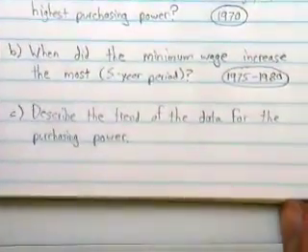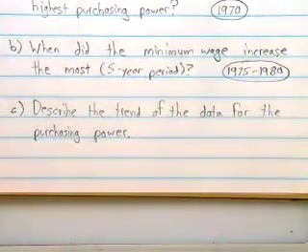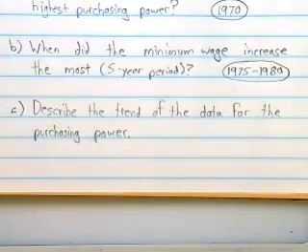Again, this is the one that's a little less precise, but just in your own words, what can you tell me about what you see in the purchasing power? What conclusions can you make based on the shape of the graph or the numbers you're seeing in the table?